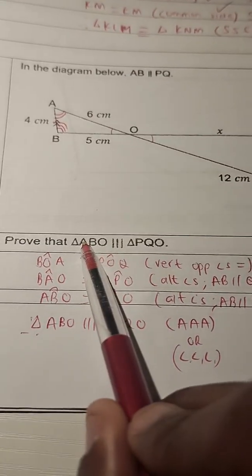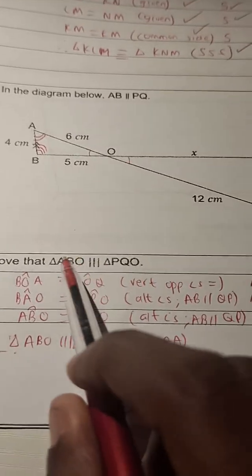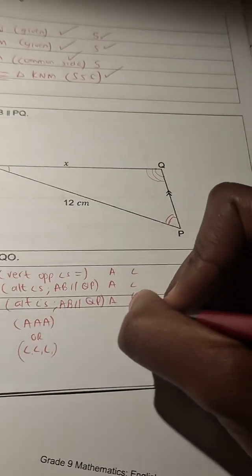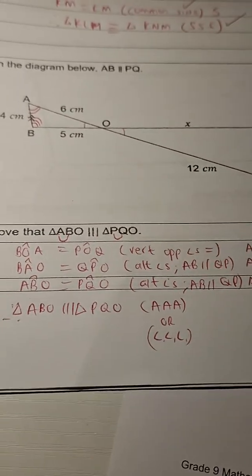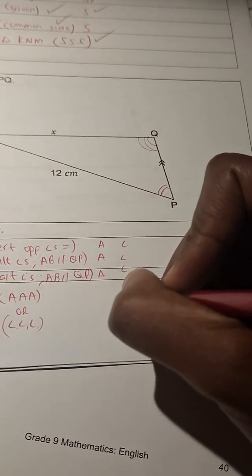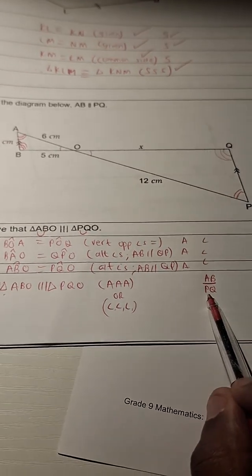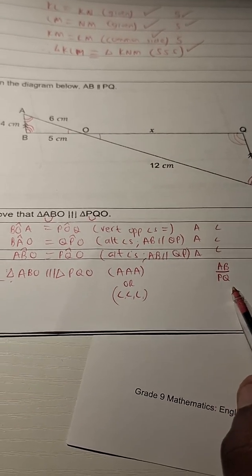So if we look at AB, because I've proven that the triangles are similar, I can say the following. If you take AB and you take PQ, the first two letters of each triangle, I can say AB over PQ. That's a ratio.